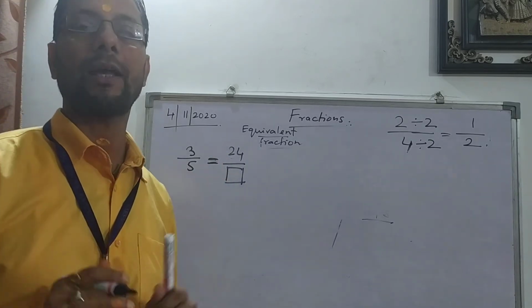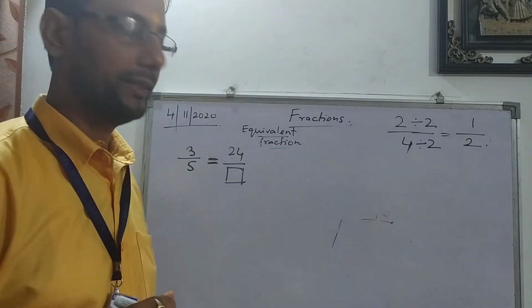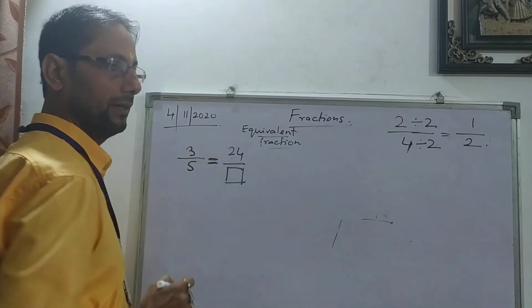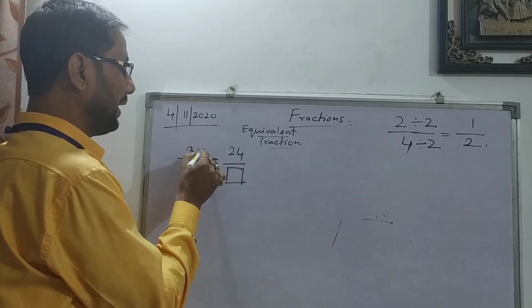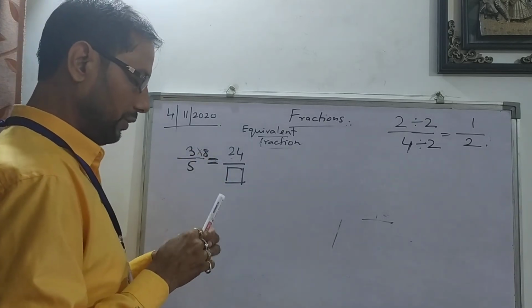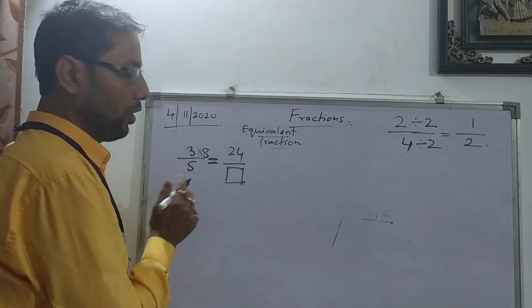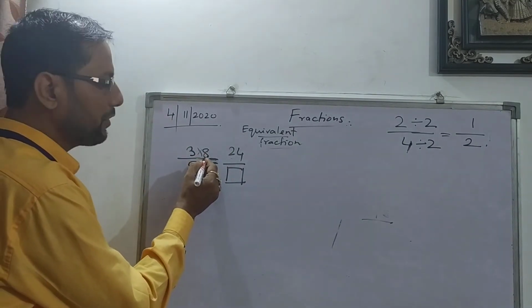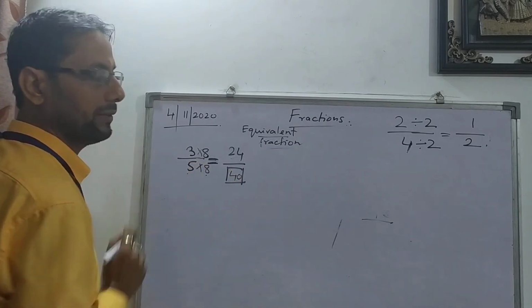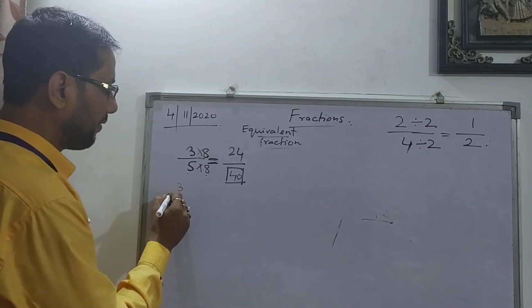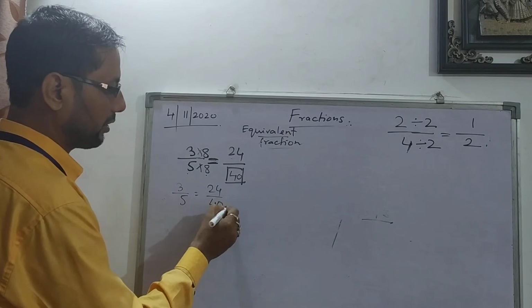This is fill in the blanks, but both fractions have to be equivalent. So how will you find it? 3 multiplied by 8 is equal to 24. So once we multiply by 8 here, I will multiply by 8 here also. 5 8s are 40. That means 3 by 5 is equal to 24 by 40.